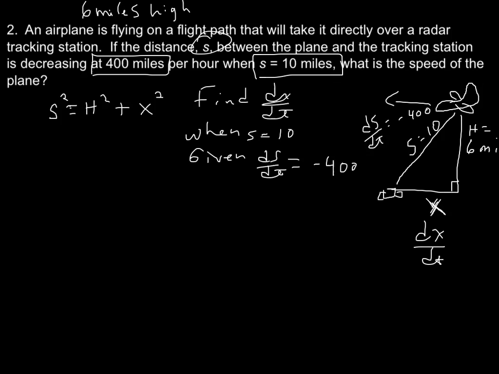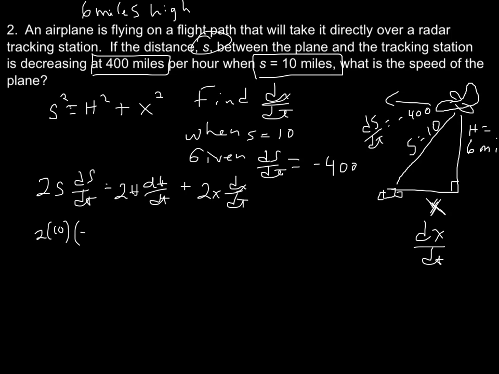All right, so let's take our derivative. 2s ds/dt equals 2h dh/dt plus 2x dx/dt. So we know that s is 10 and ds/dt is negative 400, and we know that h is 6, but dh/dt, the height of the plane, is not changing. The plane is flying horizontally, so its distance to the earth is not changing, so that's 0, plus 2 times x.